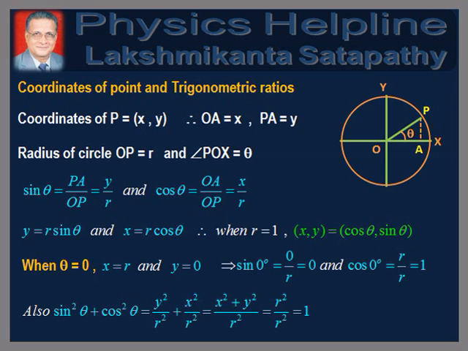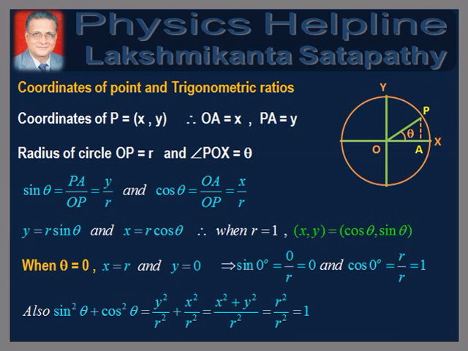In triangle OAP, we have sin theta is equal to AP by OP, which is equal to y by r, and cos theta is equal to OA by OP, which is equal to x by r. Therefore, tan theta is equal to sin theta by cos theta, which is equal to y by x. This gives x is equal to r cos theta and y is equal to r sin theta.